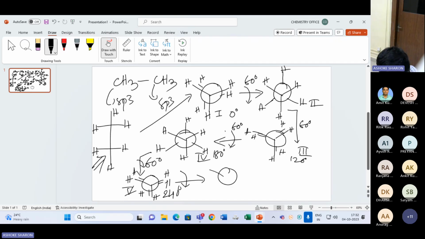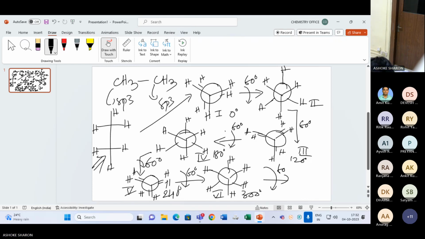Now I am rotating again 60 degrees and I get this structure. This is 300 degrees, and this is structure number 6. If you rotate again 60 degrees, you get structure 1 back, at 360 degrees.